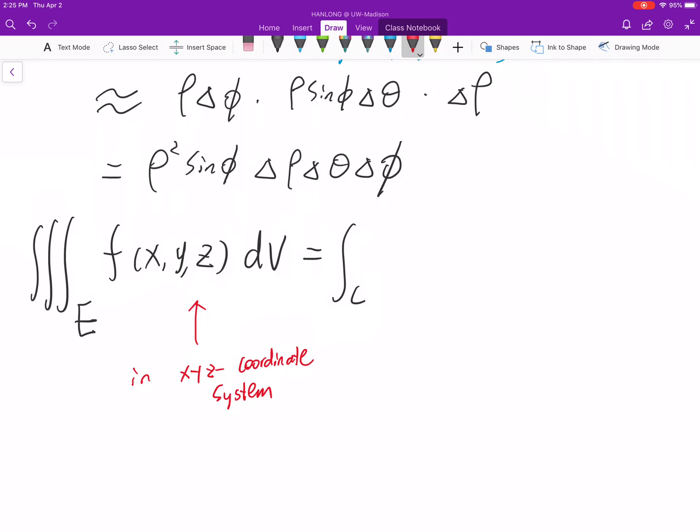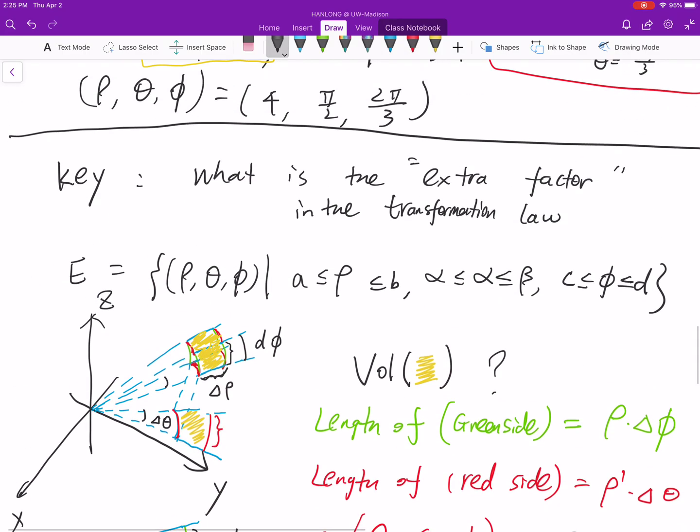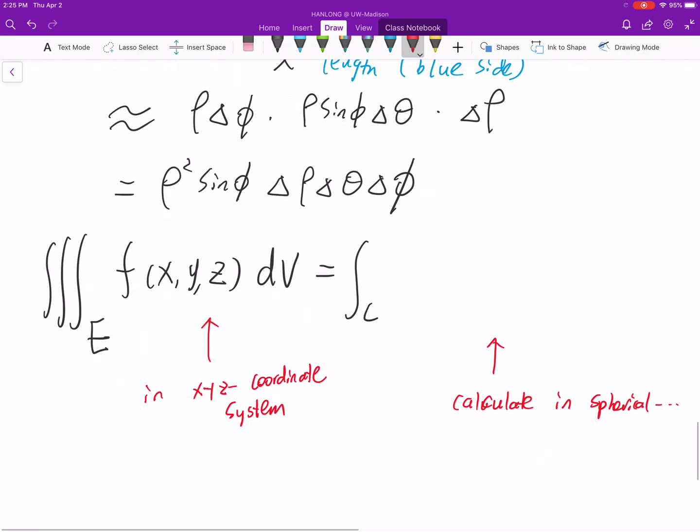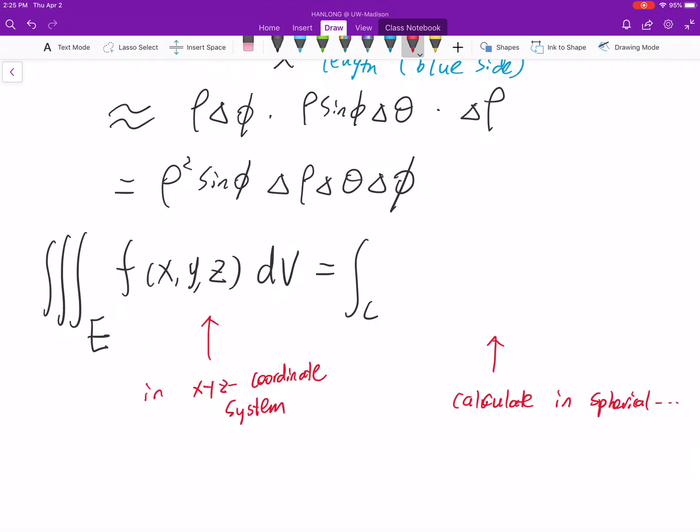Then we calculate in the spherical coordinate system. And since the domain E is given by this, for simplicity, we can write it as follows.